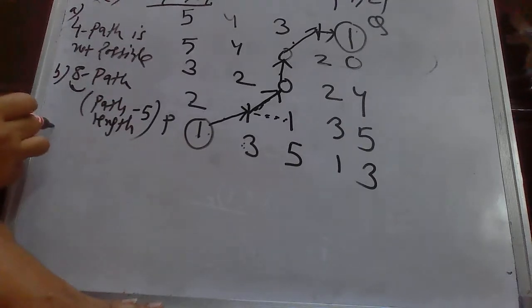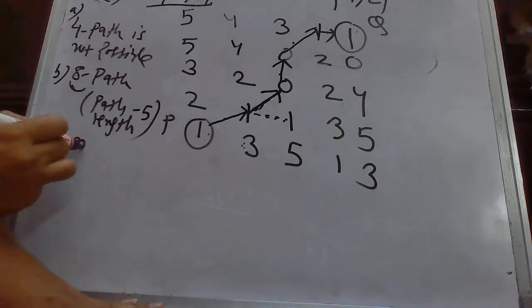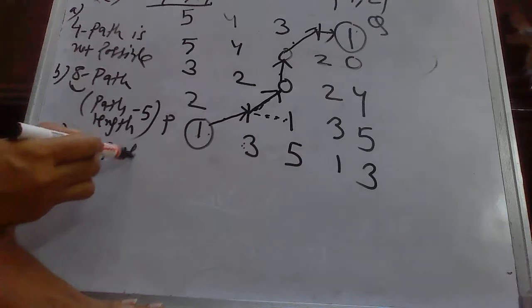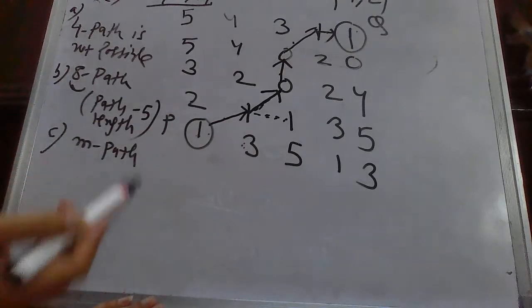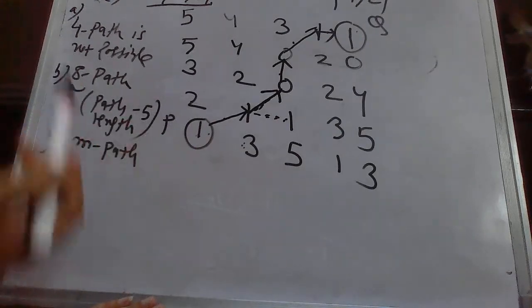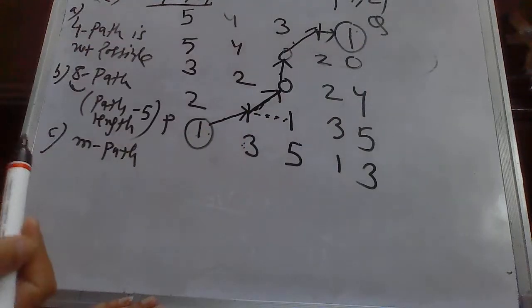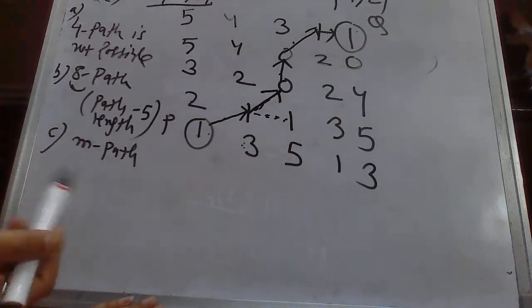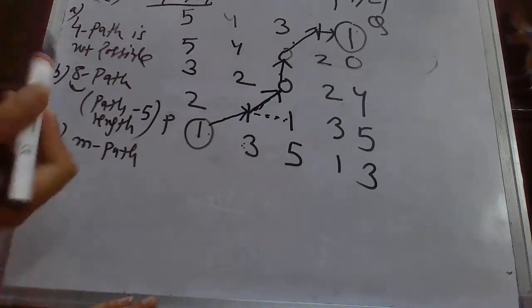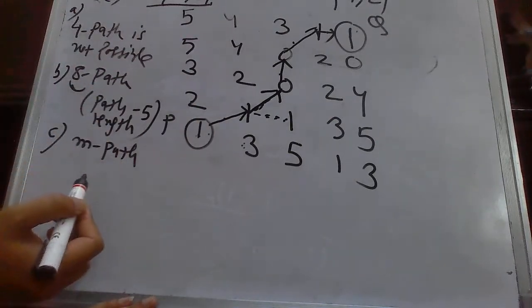Clear? Now we will look for the third option. Is there any M path available? Yes. Although there is a 4 path available, we can explore the diagonal elements in case of M path, and we can look into those options. But what was my suggestion in the beginning of this video?